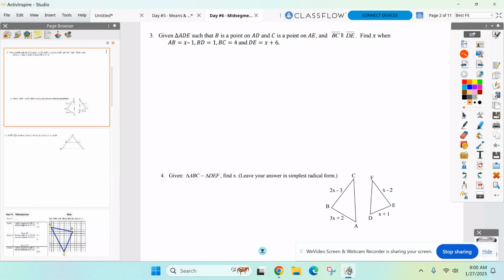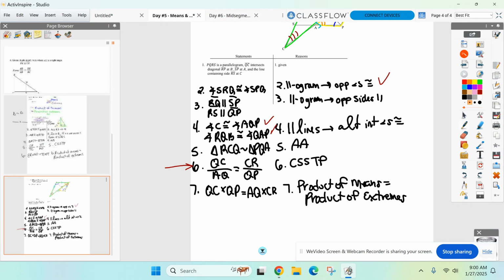Number 3. Here you go. I'll leave up. If you guys still need to copy that down, go ahead. You guys that are on to number 3, start drawing the diagram for number 3.